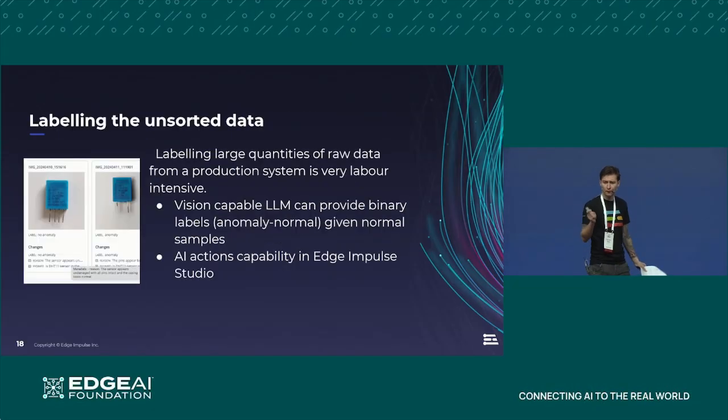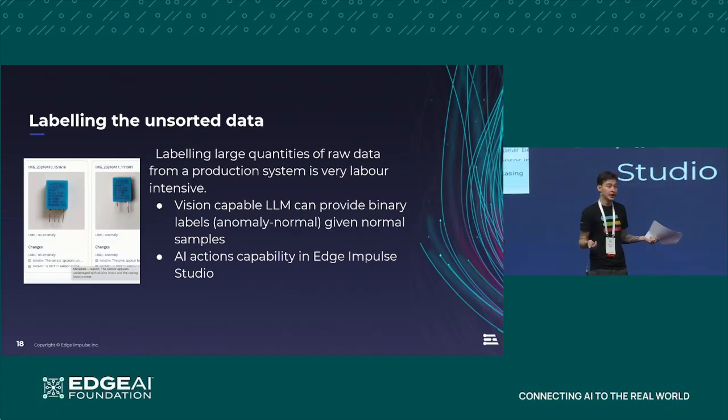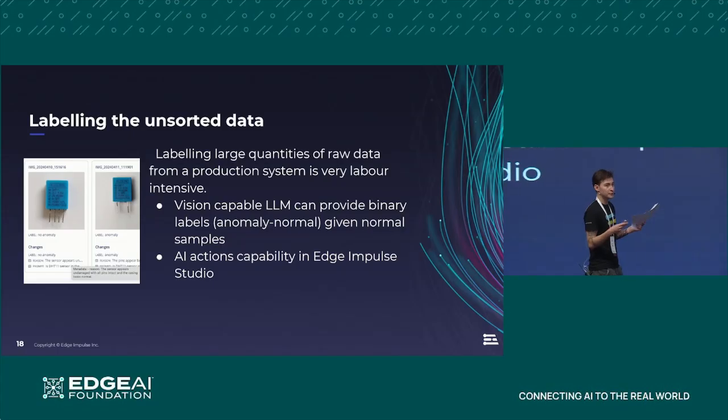So, for labeling the unsorted data: when you have an actual system running in production, you can get a lot of data, and labeling the data is very labor-intensive. We just launched, or are in the process of launching, AI Actions in Edge Impulse, and that allows you to use one of the foundational models.